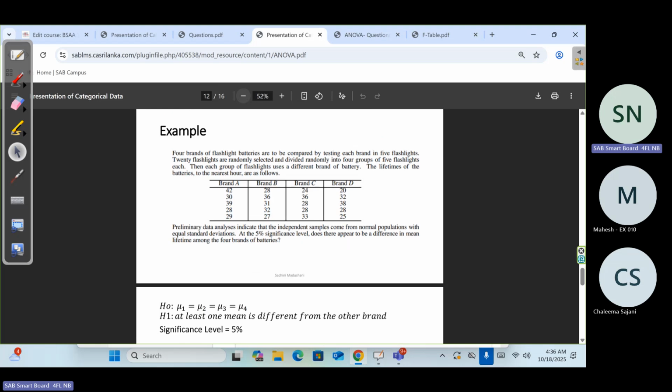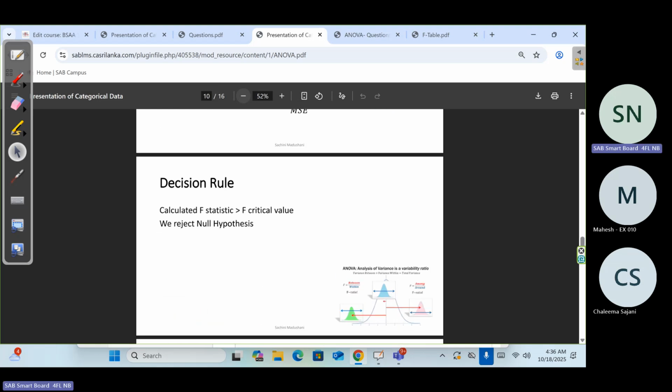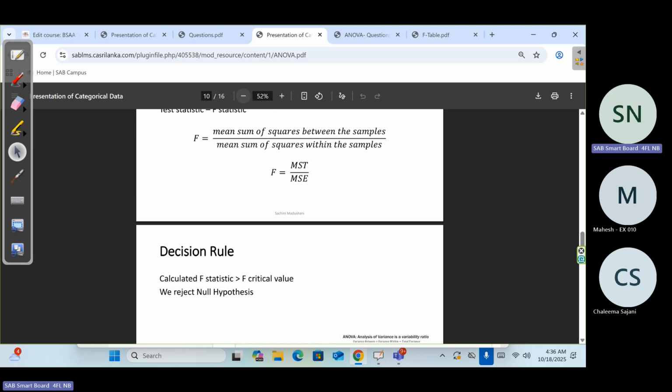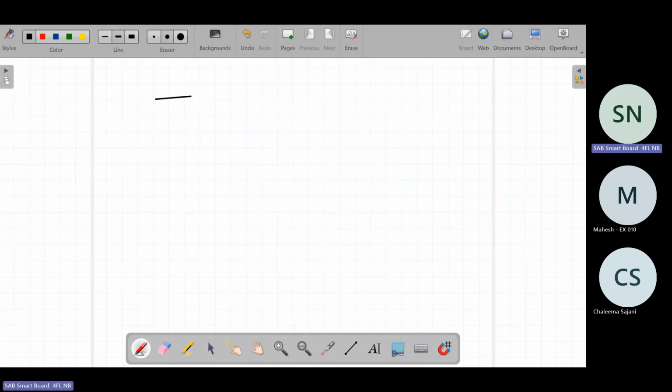Next step is to calculate the critical value. Okay? Here the critical value is taken from the F table. In hypothesis testing, we required only the level of significance to get the critical value.